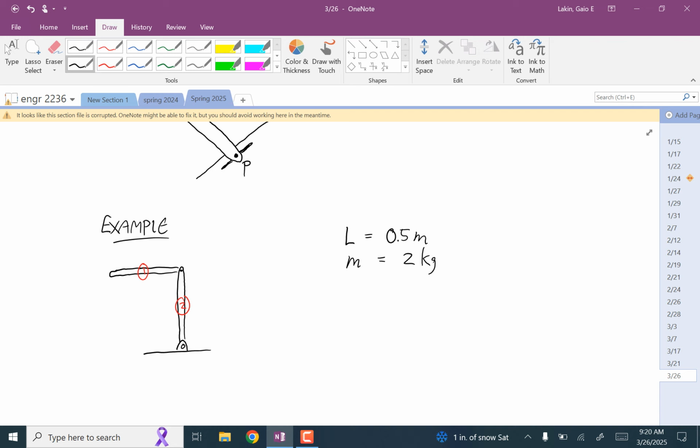Let's say that at this instant, omega 1 and omega 2 are both equal to 0, just to simplify this as much as we can to start with. And then I'm going to apply a force at the midpoint of this one, this way, of 20 newtons.